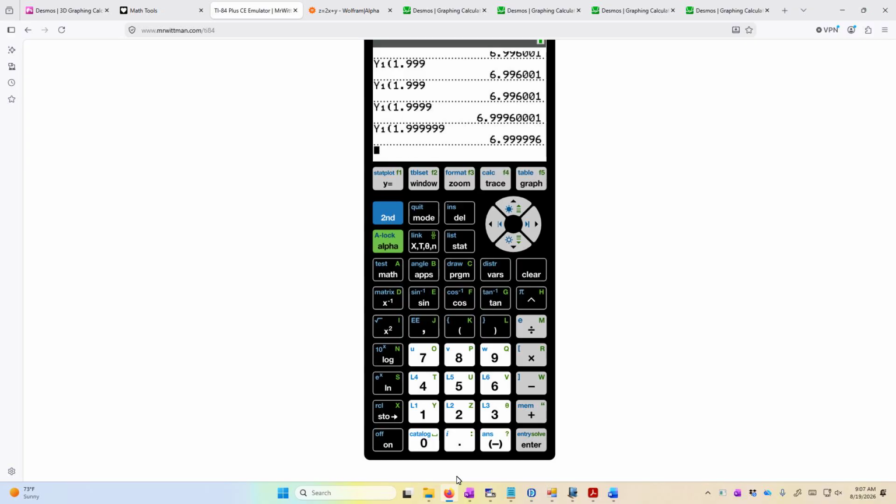Okay. So I'm plugging in x values closer and closer to 2, right? And what does it look like after x is getting closer and closer and closer to? 7.